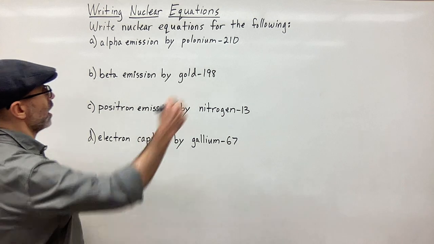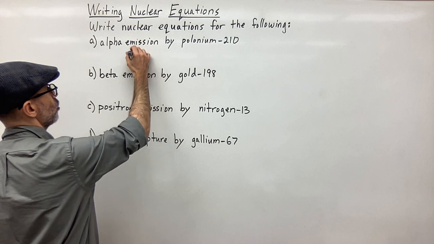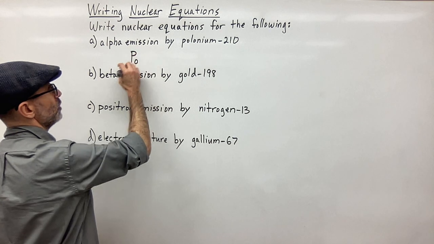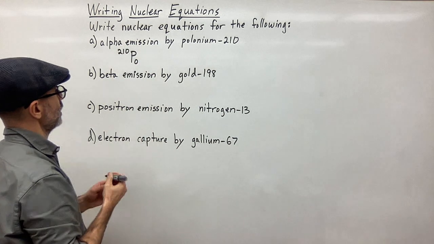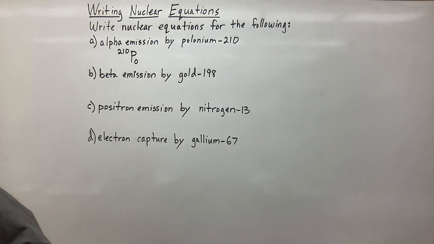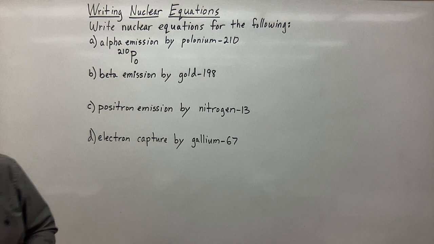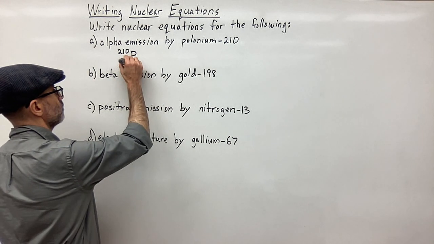So we can write our symbol as the following: Po, with mass number 210. And then to get the atomic number for the bottom, we just look on a periodic table for polonium, and it's 84. So the bottom number here is 84.